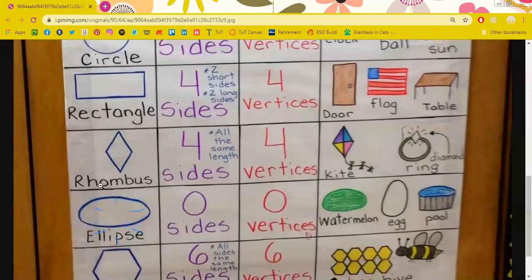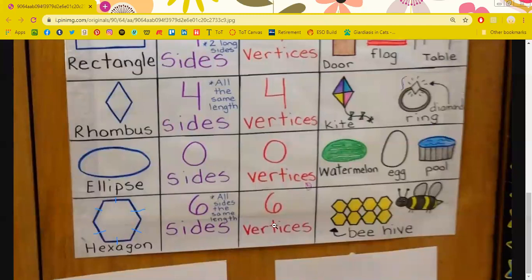And even though we didn't look at these ones, you can see rhombus and ellipses, the sides match the vertices. So however many lines you have, that's how many vertices or corners you need to close that shape. If you're missing a vertex, if there were only 5 vertices here and not 6, that shape is going to have a hole.